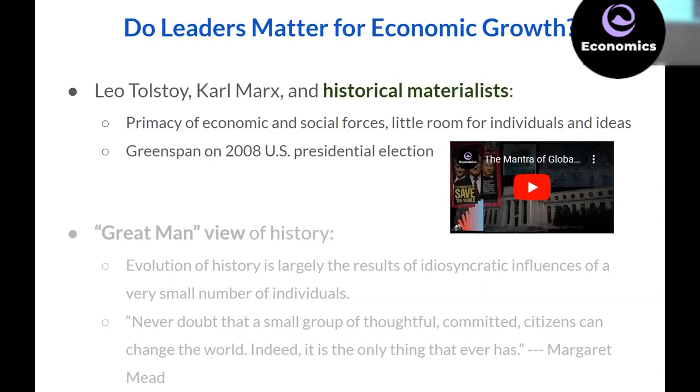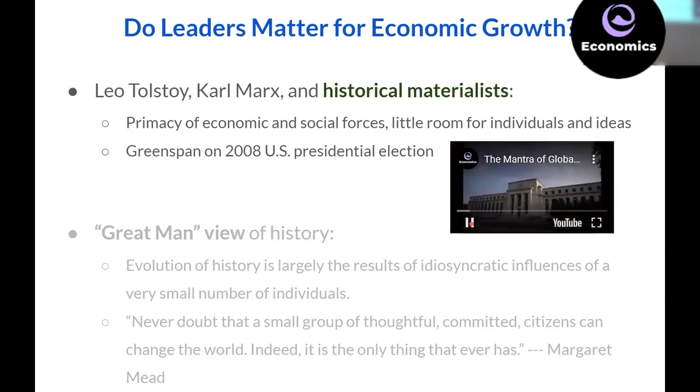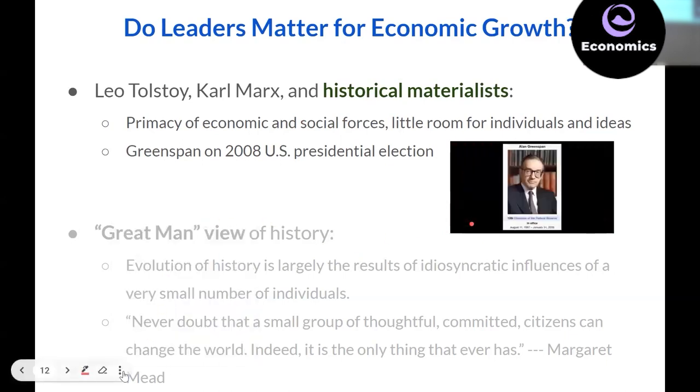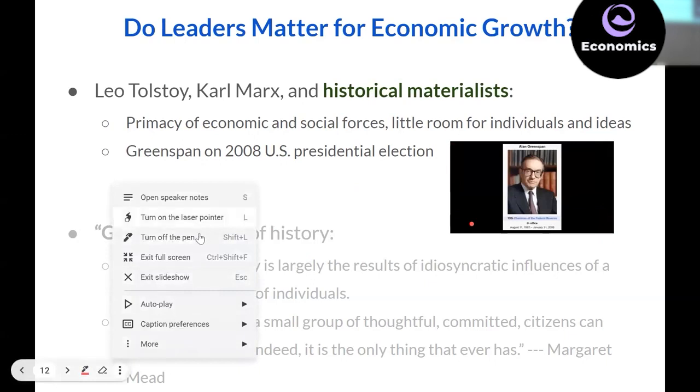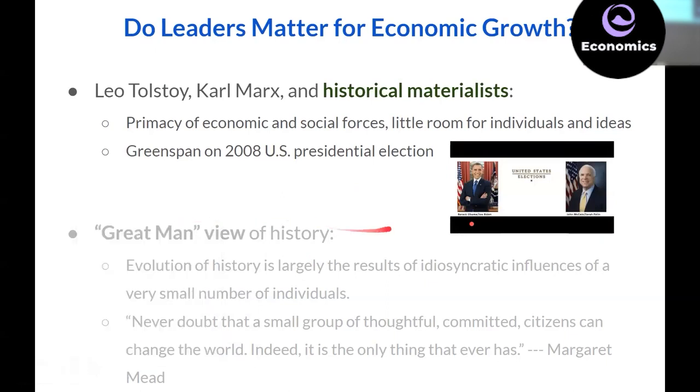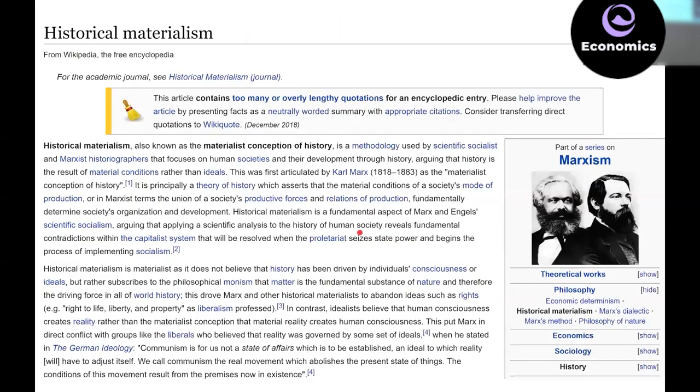Thinkers like Leo Tolstoy or Karl Marx would say no. They have this idea of... Okay, sorry, I jumped ahead earlier than I should. We'll get back to it. Okay, so Tolstoy, Karl Marx, they have this idea.